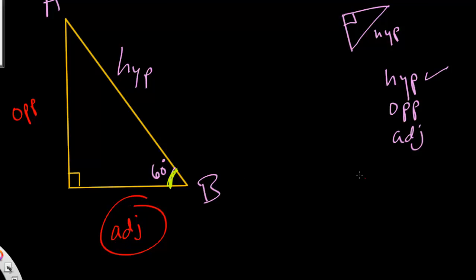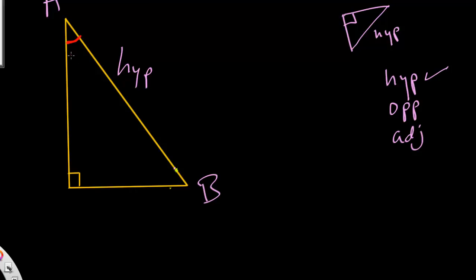All right, now let's look at it a different way. Let me erase a little bit of this. We're just doing some exercises here. Let's say this time we're up here at the A angle, and let's say that's 45 degrees.